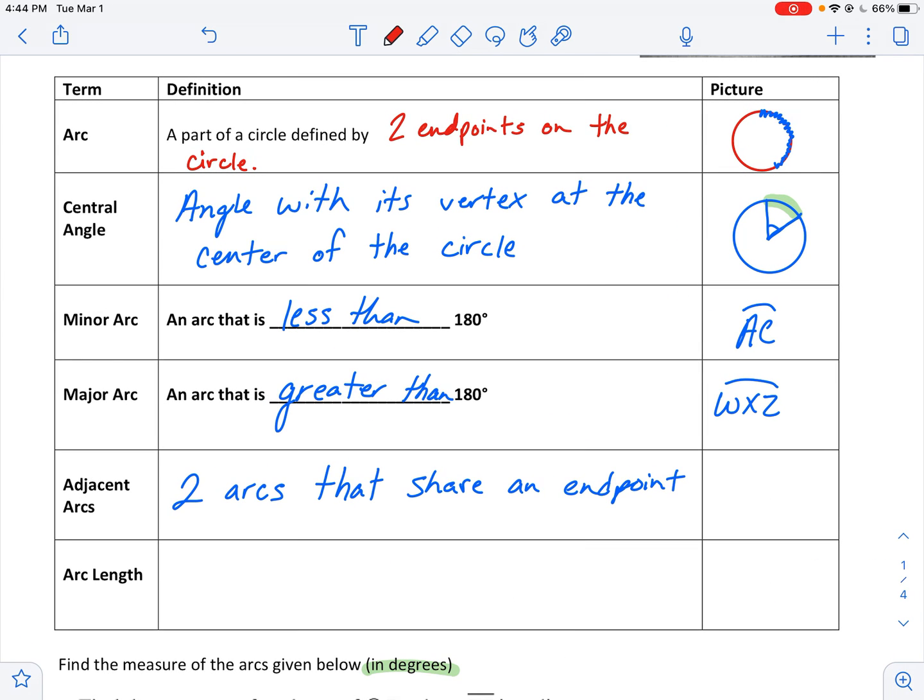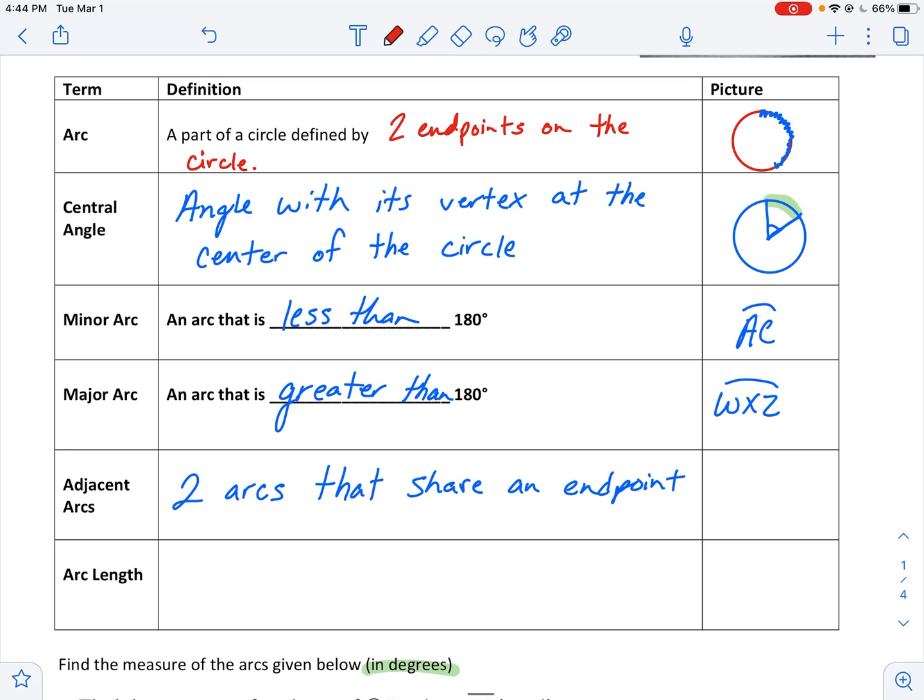Arc length is going to be that distance along the edge of the circle. So the difference between an arc measure and an arc length is that the arc measure is the degree measure of the arc.